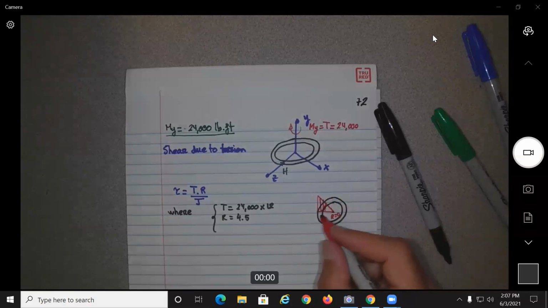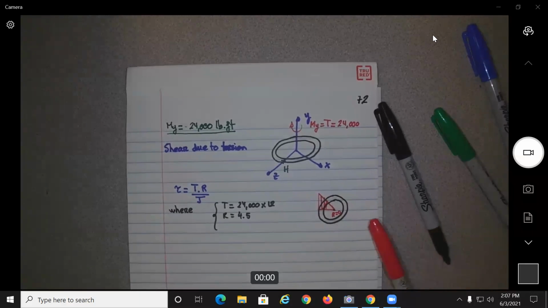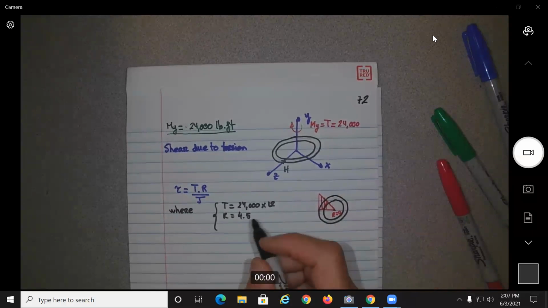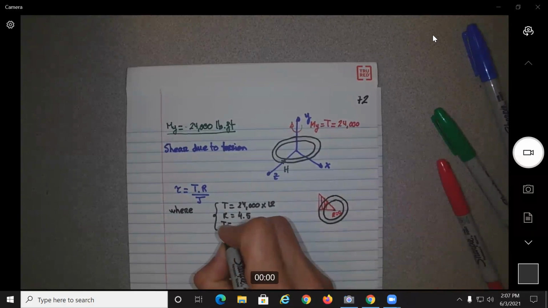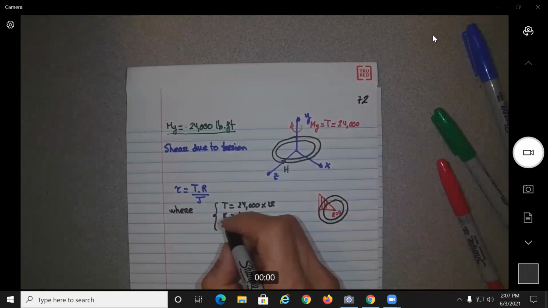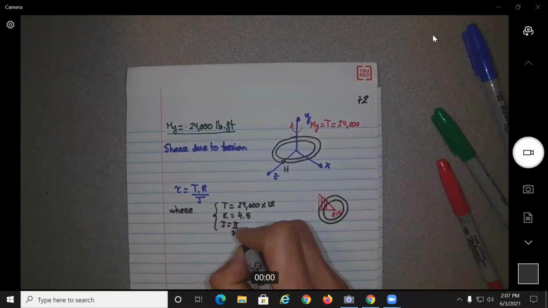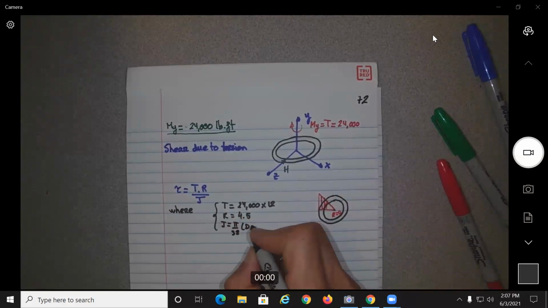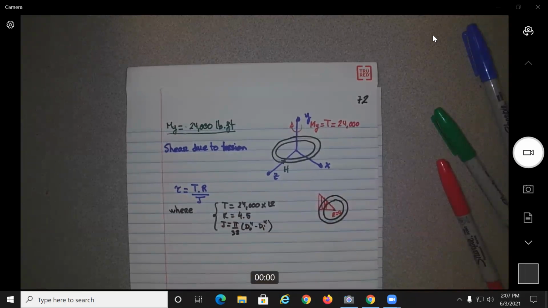Okay, so the distribution is that way. And now J will be the expression we had before, which is basically pi over 32, if I remember right, D outside to the power 4 minus D inside to the power 4.